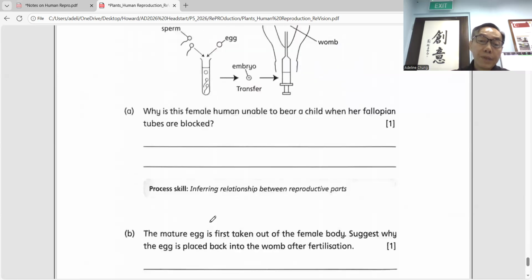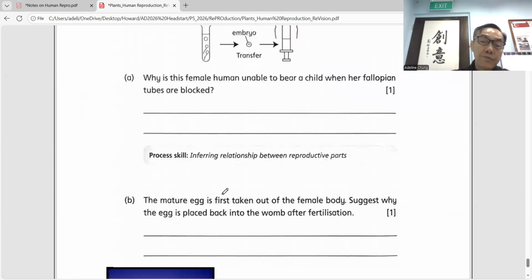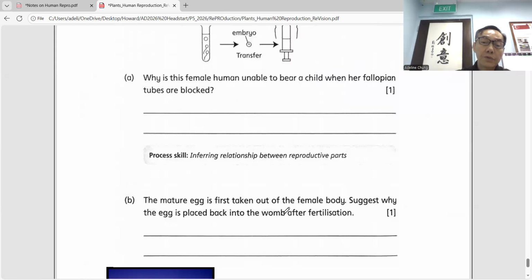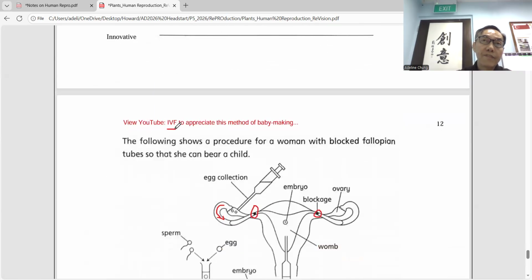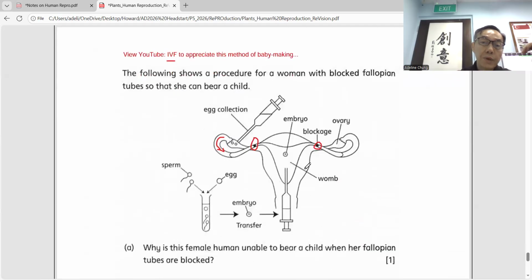Part B: the mature egg is first taken out of the female body. Suggest why the egg is placed back into the woman after fertilization. There's a YouTube channel; if you search for IVF, in vitro fertilization, you will see what happens after the couple have seen the doctor, as seen earlier in the video.